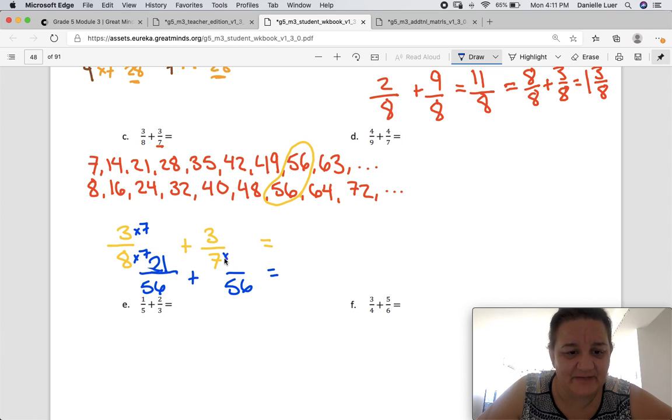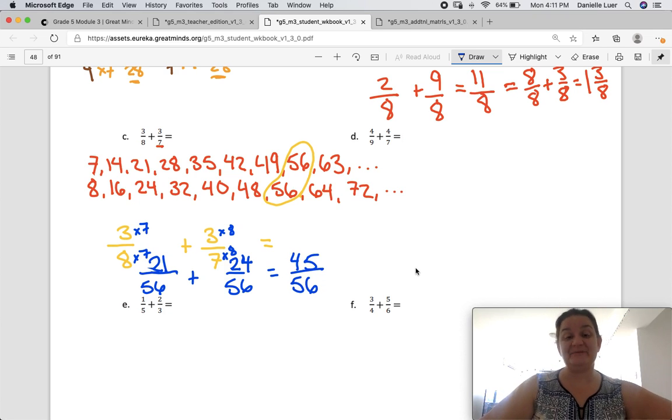Okay, and here I'd have to multiply by 8, and here by 8. So 8 times 3 is 24. Now I have 21/56 and 24/56, and I can just add those together. 21 plus 24 would be 45 over 56.